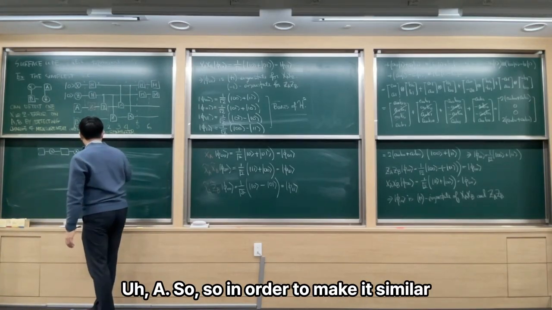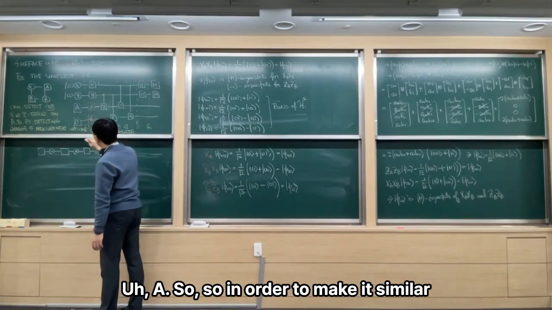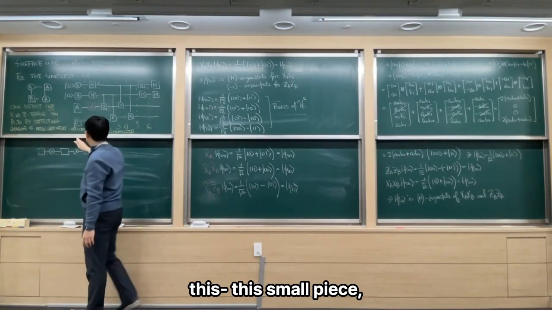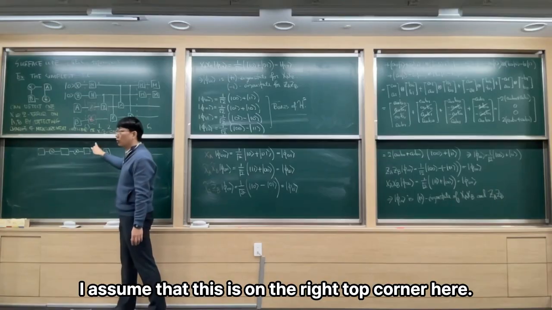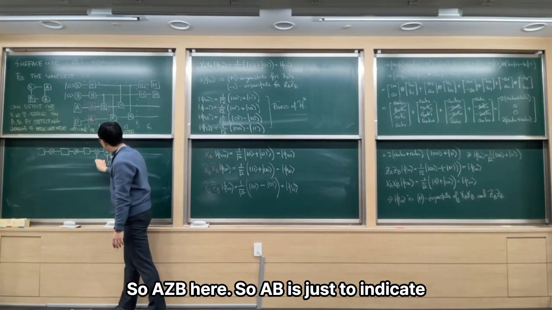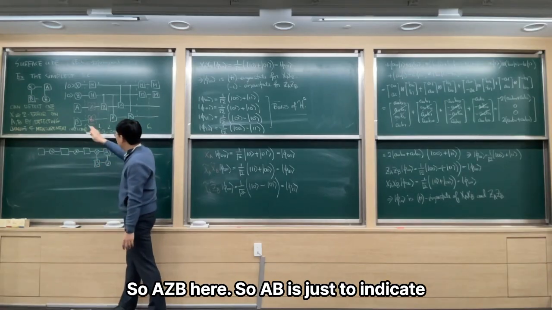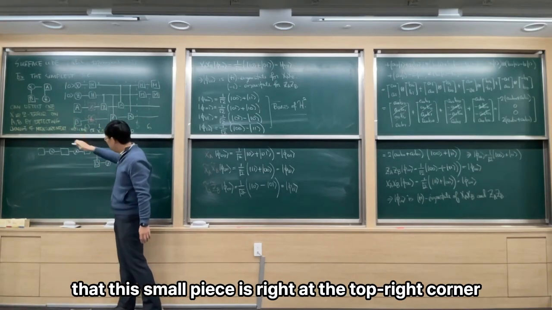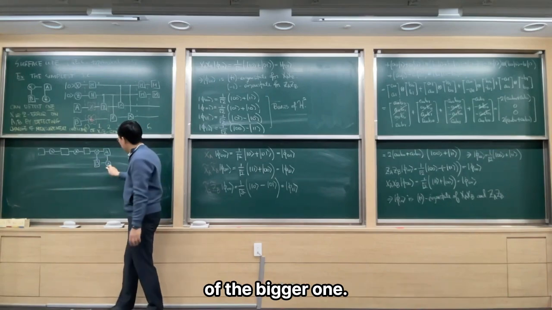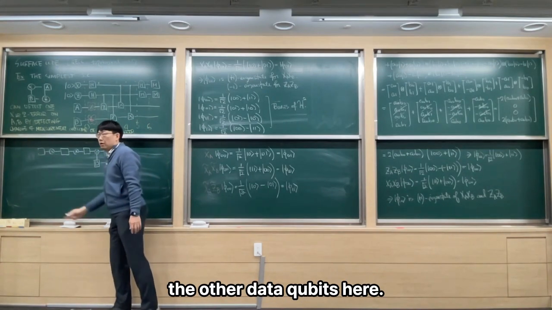So in order to make it similar to this small piece, I assume that this is in the top right corner here. So A, Z, B here. AB just indicates that this small piece is right at the top right corner of the bigger one. I'm not going to label the other data qubits here.